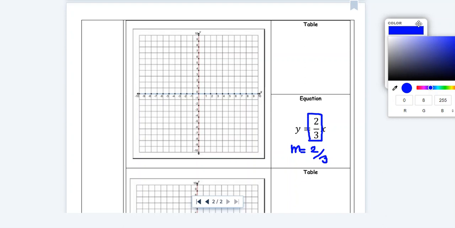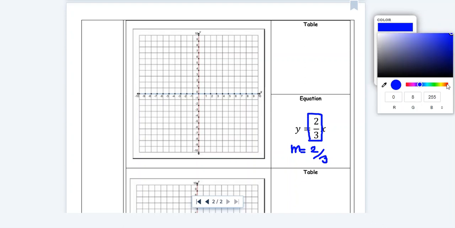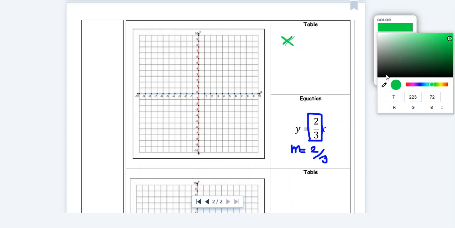All right, and remember, when we create our table now, what we're going to be doing is taking our x value and we're going to multiply it by our slope.